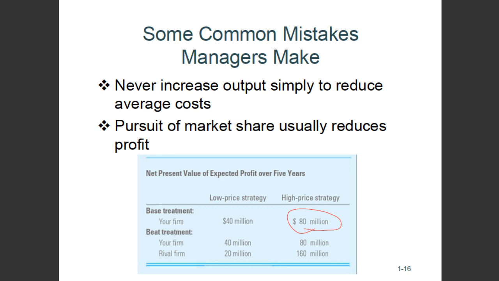If a firm's not looking at its competitor, it's going to compare these two. So these are compared by the firm. CF means compare. I don't know, that's Latin probably, and I knew what it meant at one time. But I'm going to compare 40 and 80 million, where it's clear the firm would choose the high price strategy.